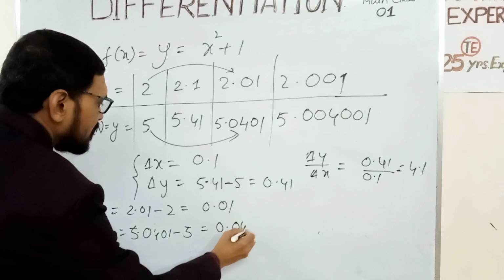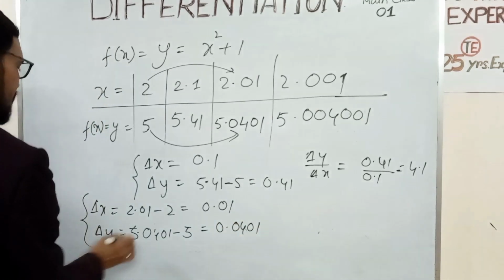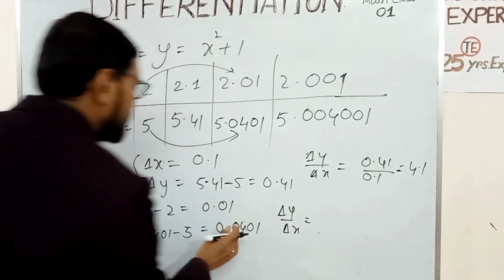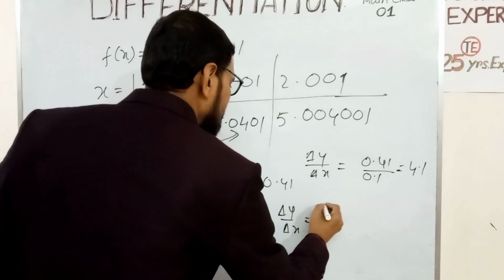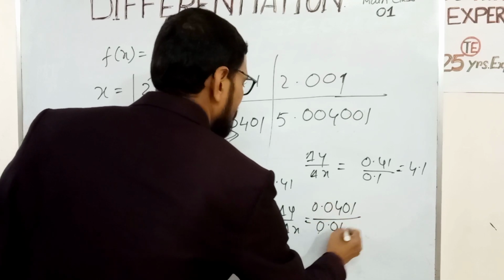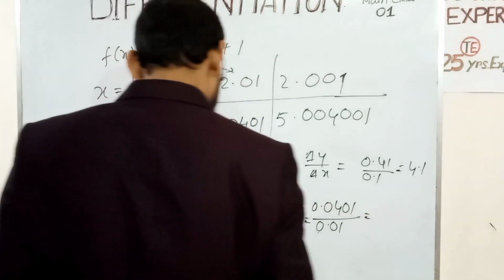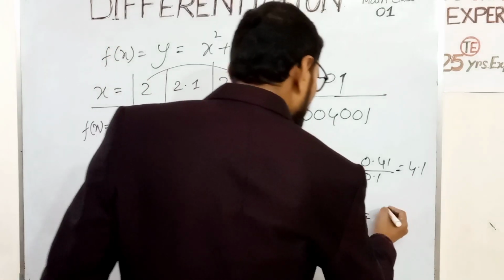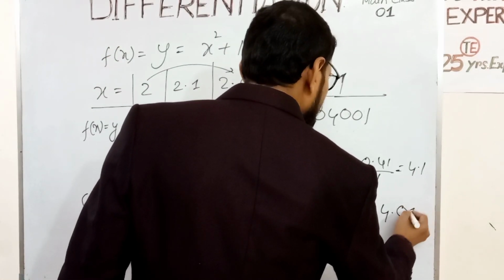Now for this interval, delta y by delta x will be this by this, which becomes 0.0401 by 0.01, which becomes 4.01.